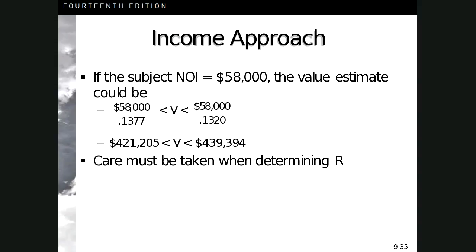So if we look at that, the value should be really between the same net operating income divided by the highest cap rate and the same amount of income divided by the lowest cap rate. Notice that this one's got the lowest cap rate, but it's got the highest value. This one's got the highest cap rate, but the lowest value.